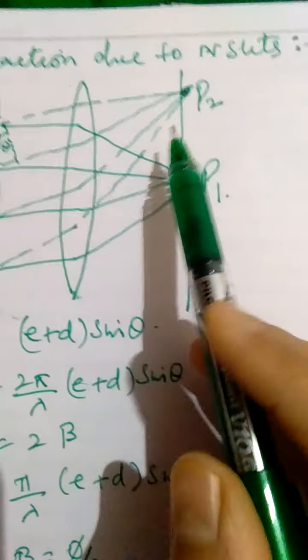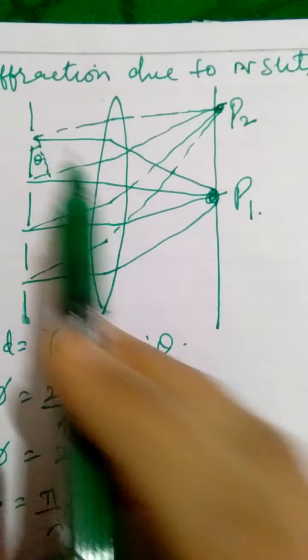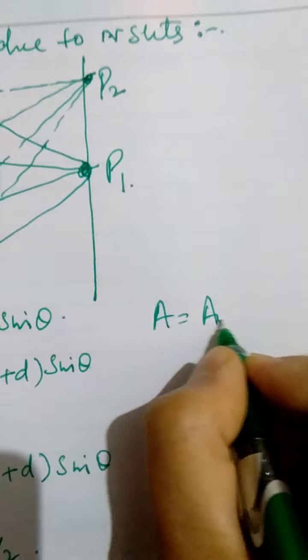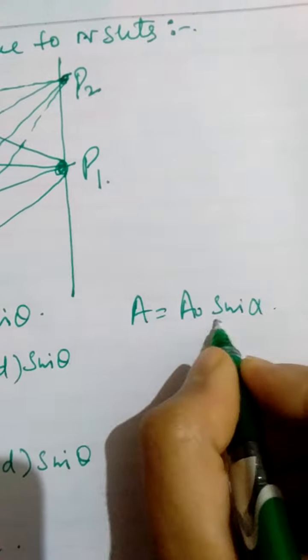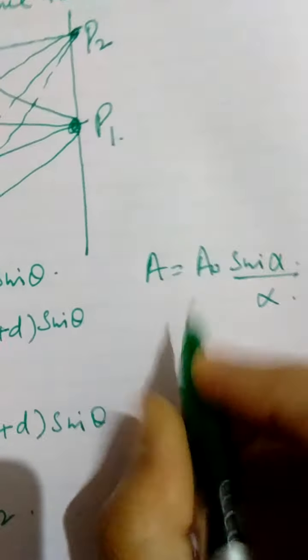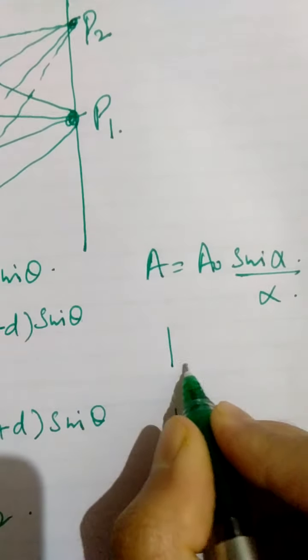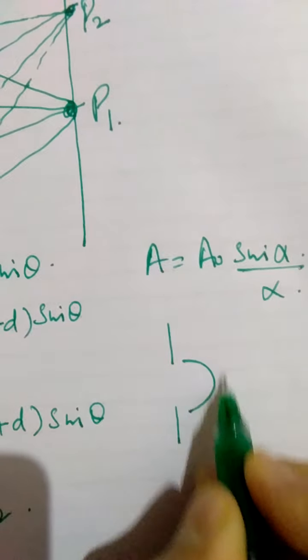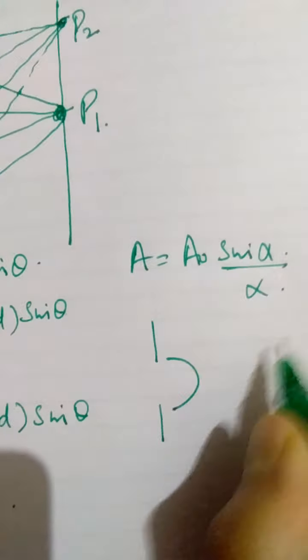You have also learned that the resultant amplitude at a point on the screen due to diffraction from a single slit is given by A is equal to A naught sine alpha by alpha. And if you want to recall, this was the single slit and this was the wavefront coming from it. And we have assumed that every point on the wavefront is a fresh source of disturbance.